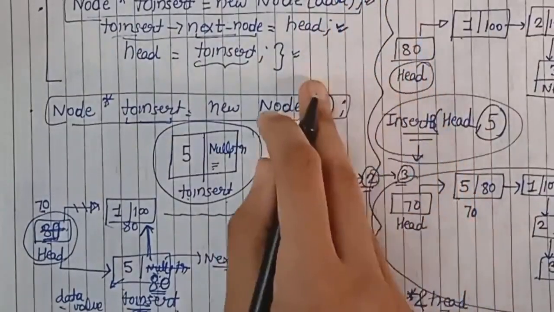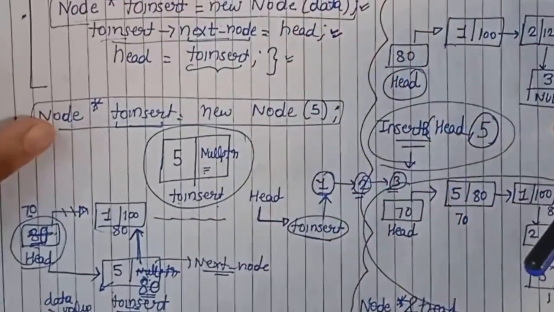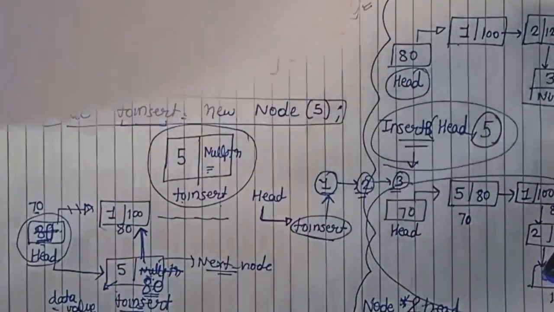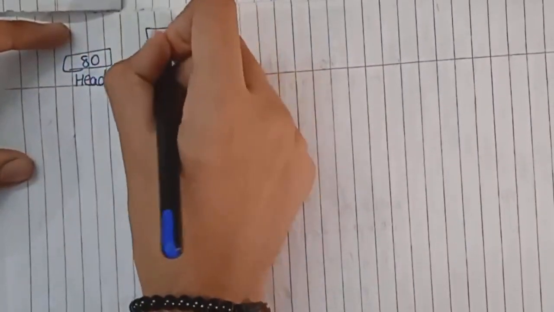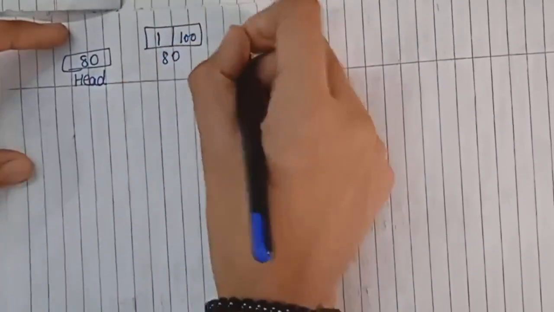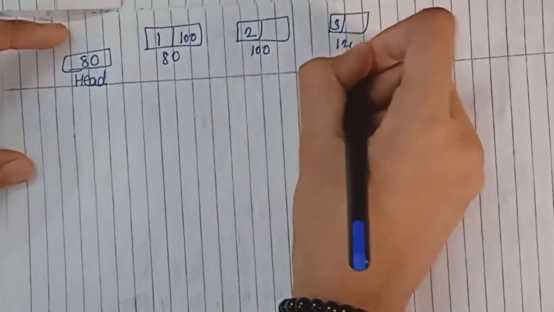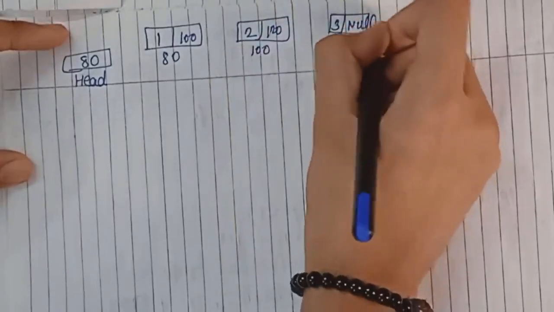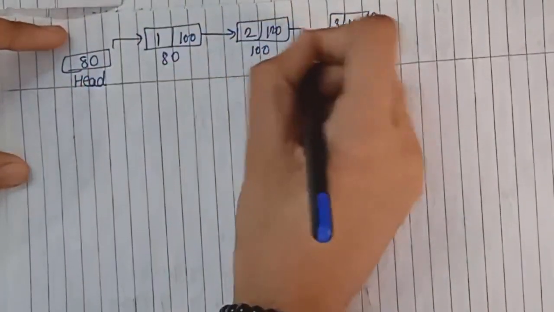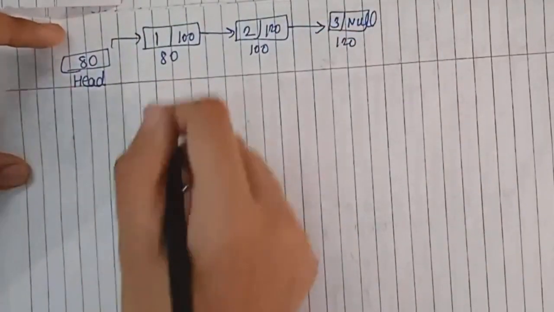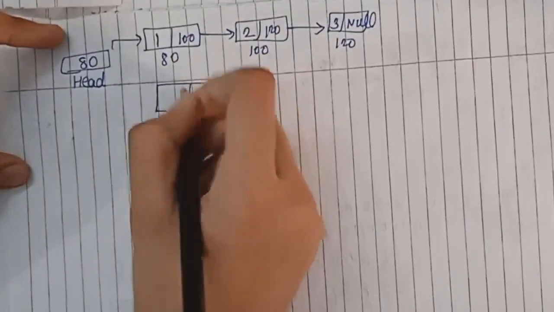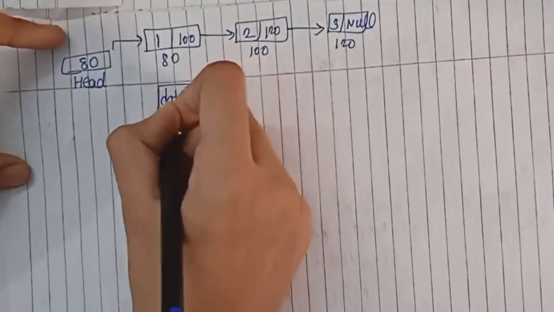Let me re-explain with the help of the diagram. The linked list that I had here was like this: head 80, then 1, then 2, then 3. With the first code line, I created a new node with the given data.